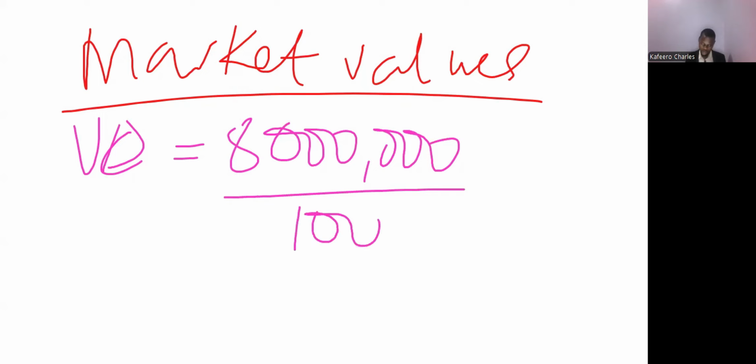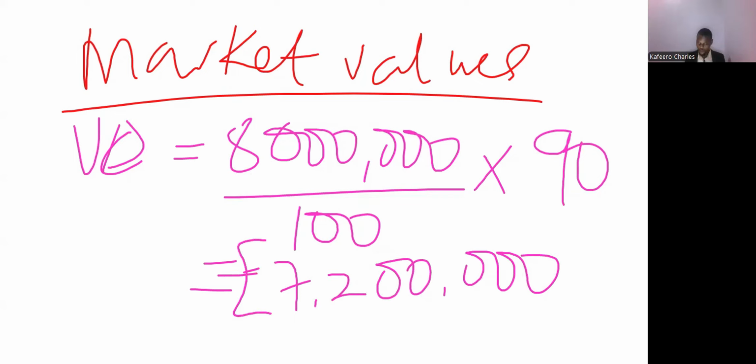The par value is 100, times the market value, which is 90, because they told us it is trading at a discount. The par value is 100, but the market value is at 90, meaning it is currently trading at a discount. So once you do the computation, you'll get 7.2. These are pounds.